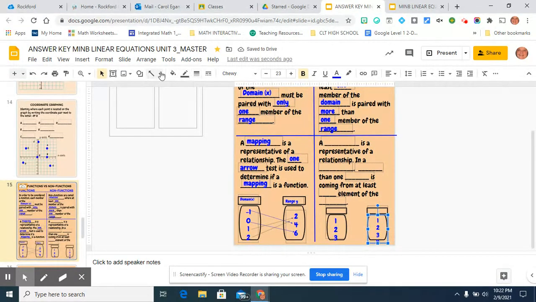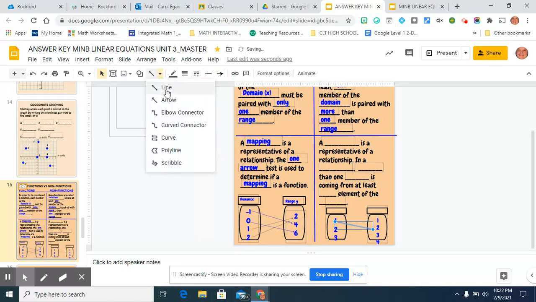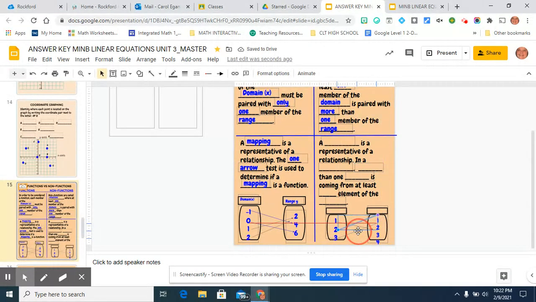And our arrows, we're going to say 1 matches with 1. Actually, I'll just move that down. 1 matches with 2. And 2 matches with 1. Actually, I'll just move that down. We'll say 3 matches with 1.